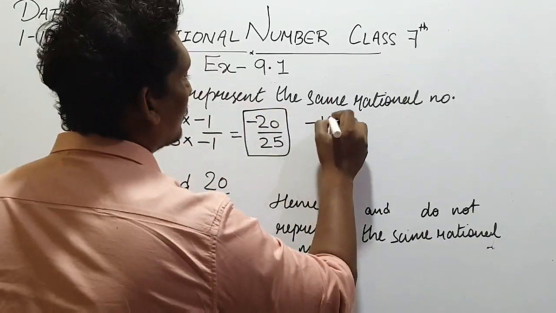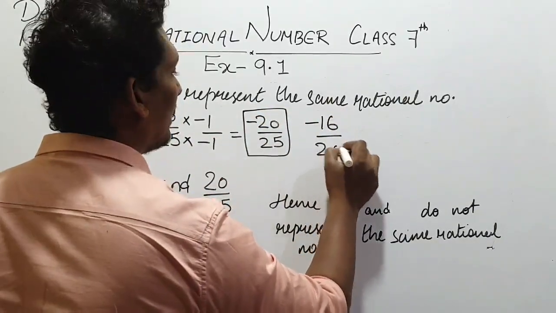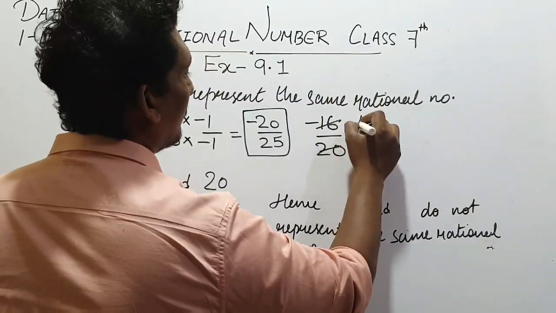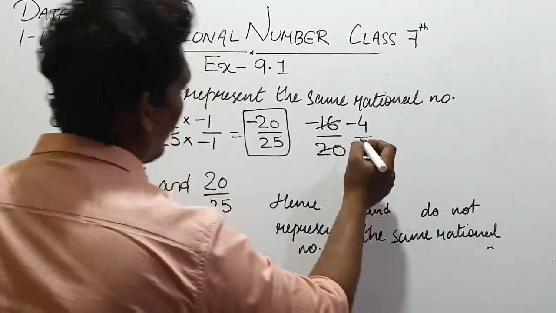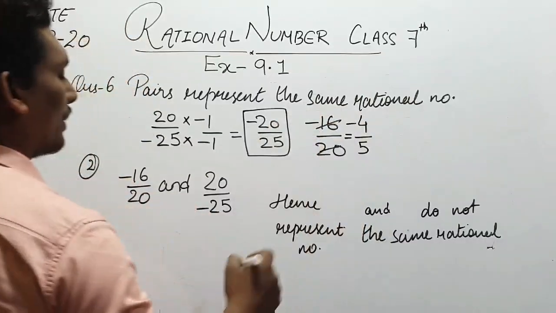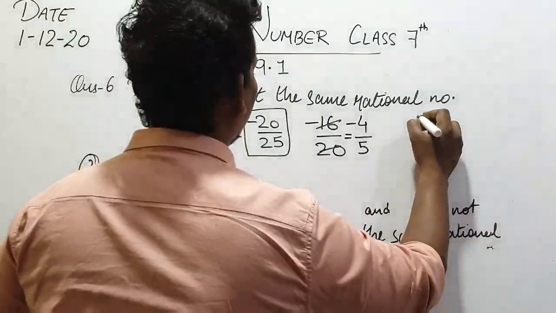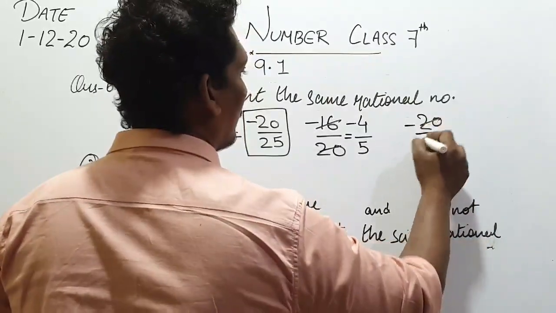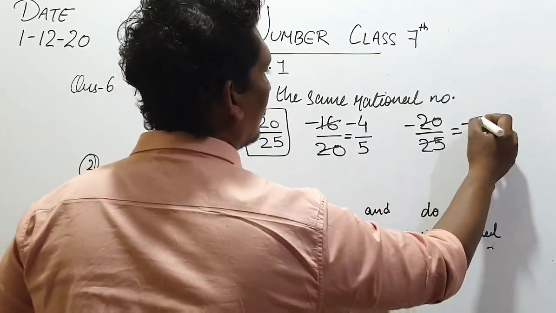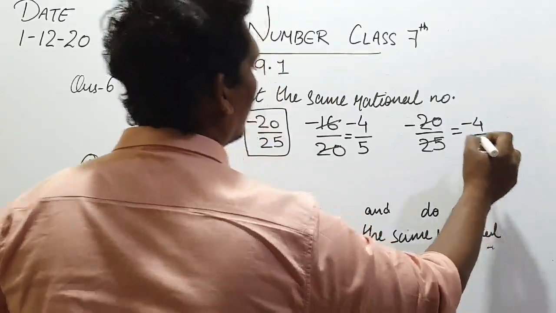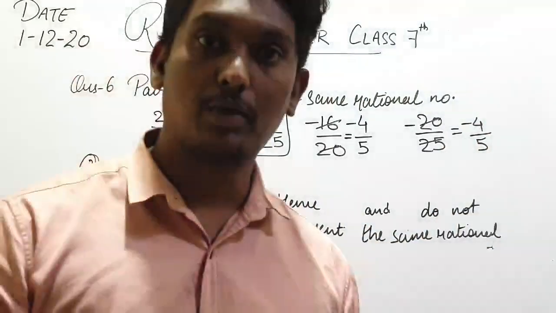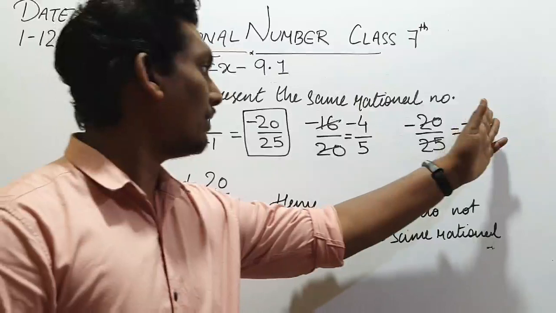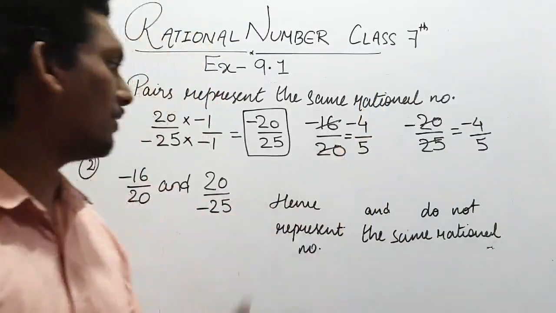Now we are going to solve it. -16 by 20, when we cut this, we will get -4 by 5. In the same way, -20 upon 25, again we will cut it and get -4 upon 5, right? So -4 upon 5 here also and -4 upon 5 here also.